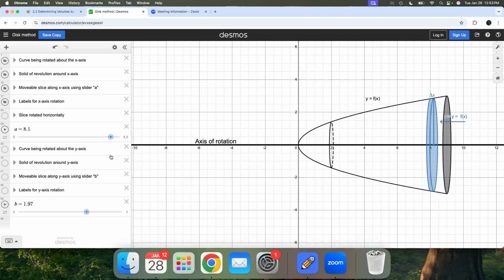Each of these is just a little cylinder. Now, it's really not, because see, the sides aren't perfectly square. But if we pretend that they're square, then the volume of this guy is just area of the base, which is a circle, times the height. The height is dx.